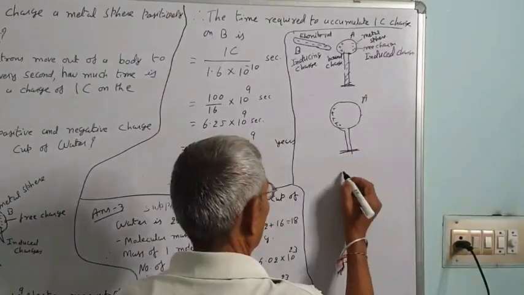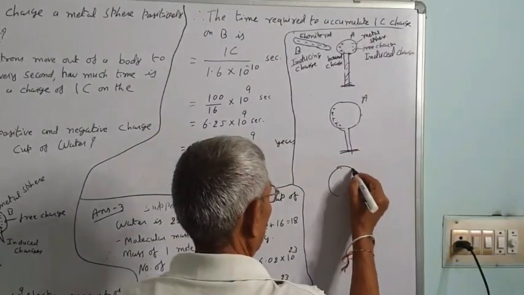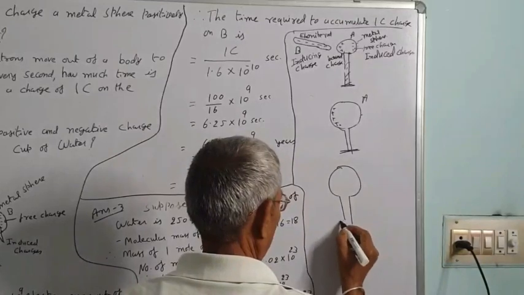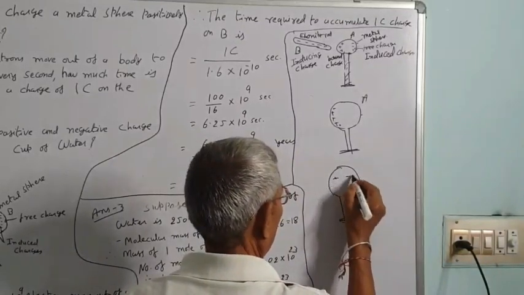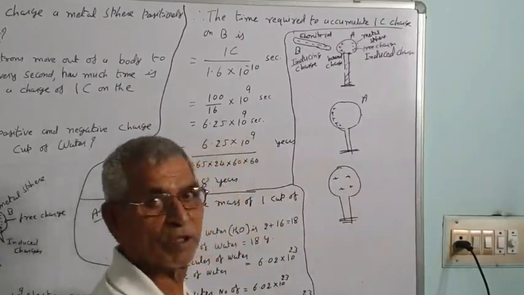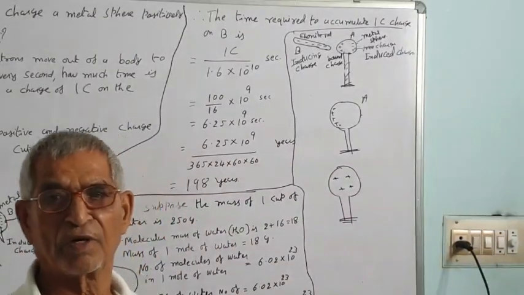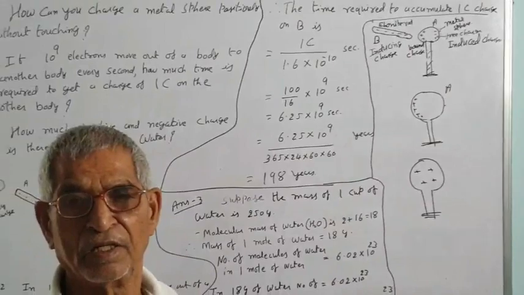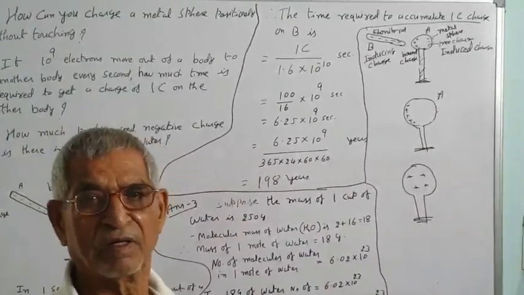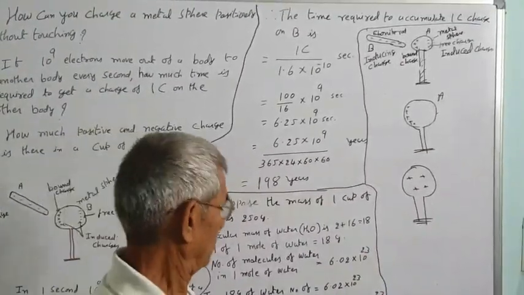The charge will spread uniformly on the sphere A. It will be distributed uniformly after that, because there is no longer interaction between the negative charge of the ebonite rod and the positive charges on the left side of metal sphere A.